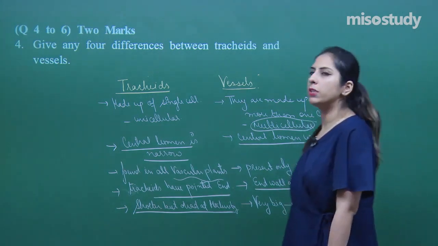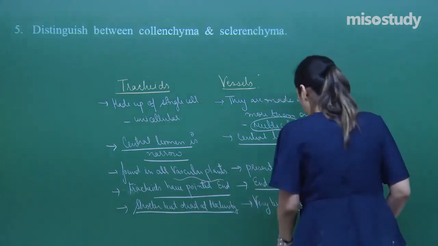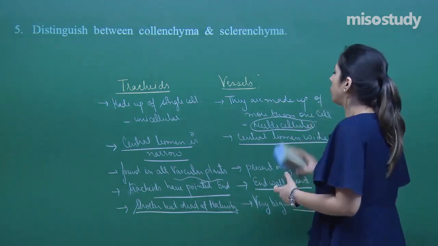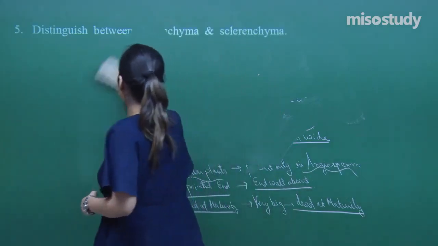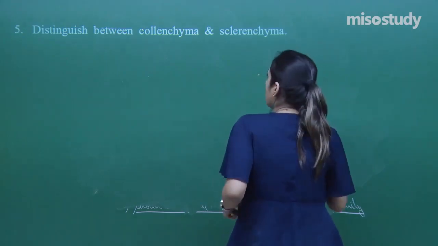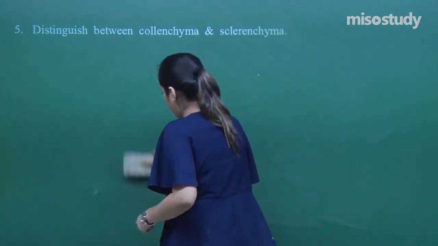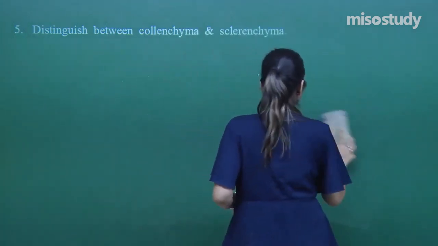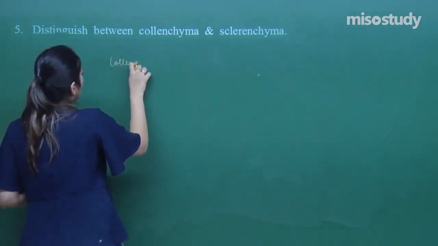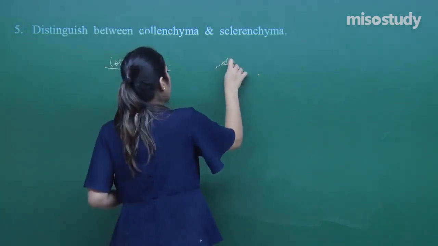So students, hope you have noted down question number 4. Let's move on to the next question, question number 5. This question is also from the same category, 2 marks. The question says we have to distinguish between collenchyma and sclerenchyma.